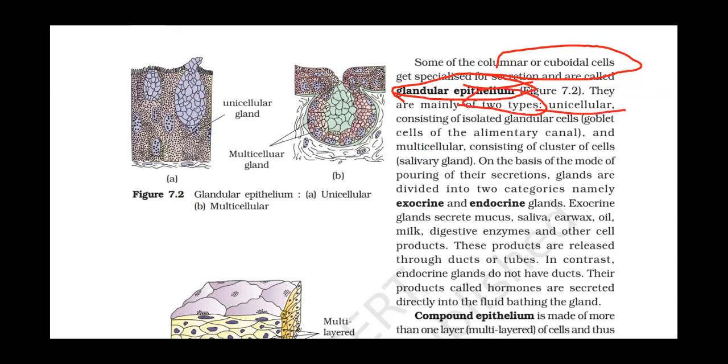One is unicellular, consisting of isolated glandular cells. The best example for unicellular glandular epithelium is goblet cells. Look at the name of the cell, it's very important.